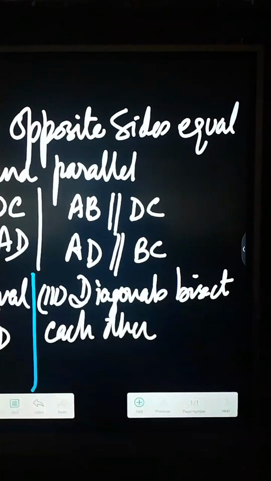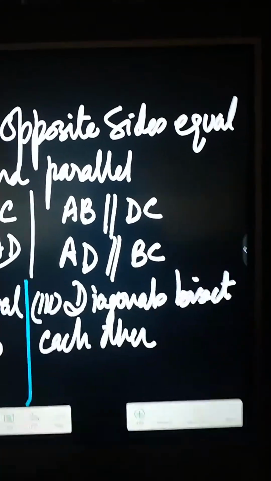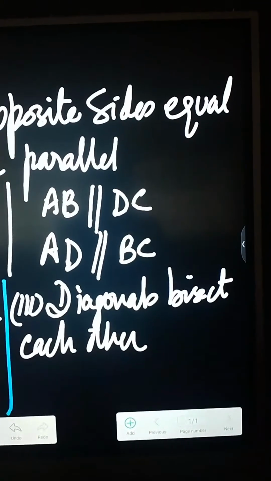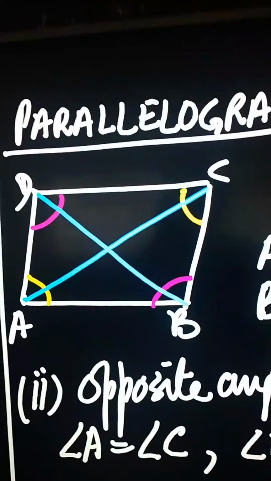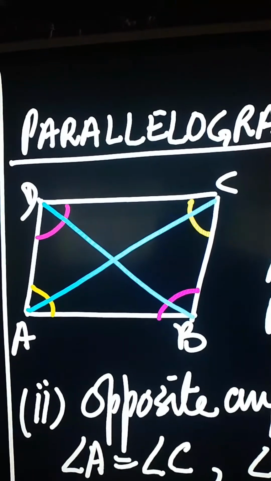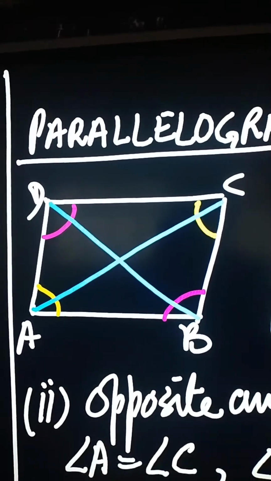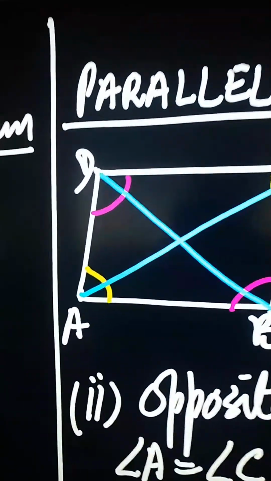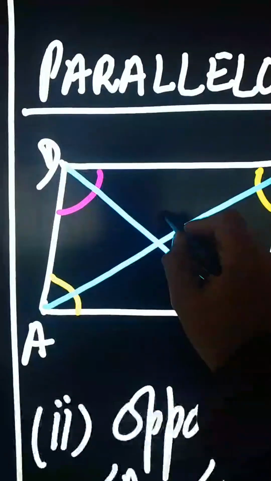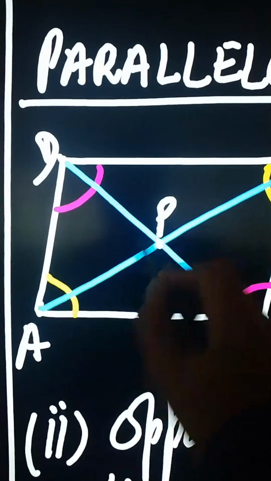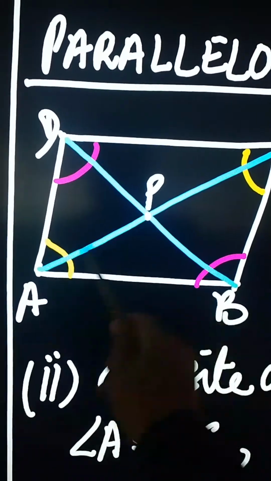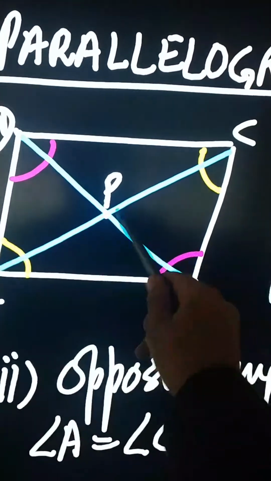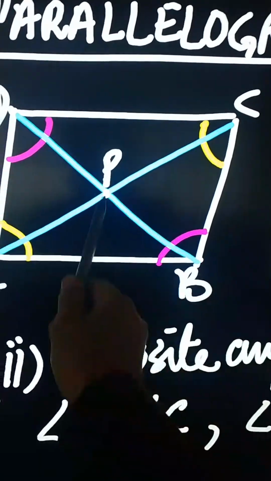Diagonals of a parallelogram bisect each other means diagonals AC and BD cut each other into two equal parts, and they will cut at a point which is P. This is the point. So that means AP is equal to PC and BP is equal to DP.